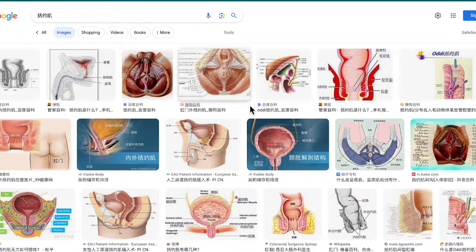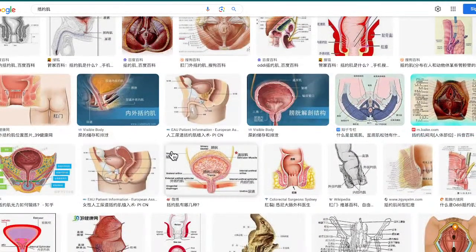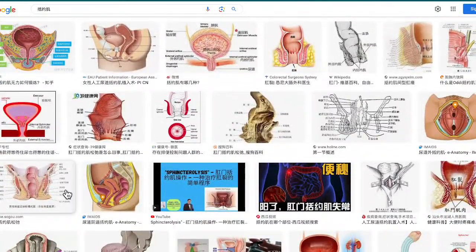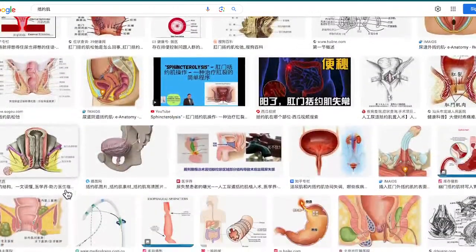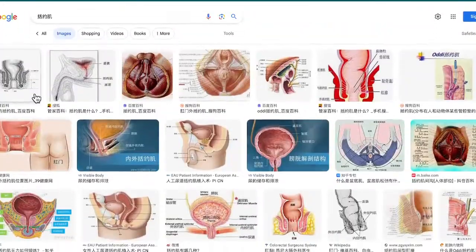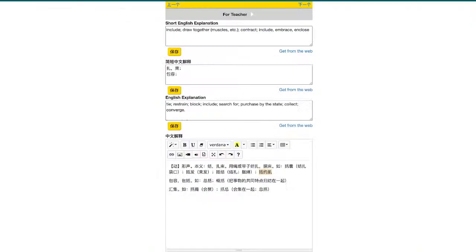This is a 括约肌, which exists in various places of body parts, usually at some kind of opening. So 括 means include. For example, 包括, 总括, which means counting all the things included.